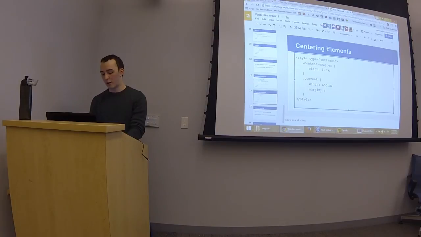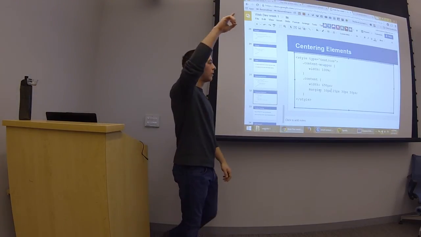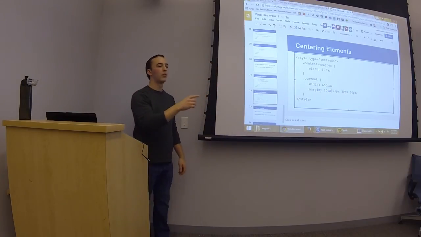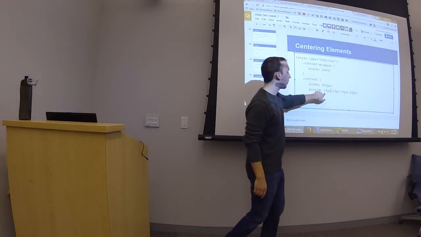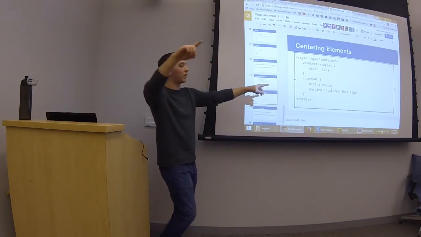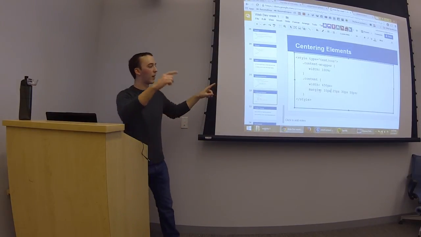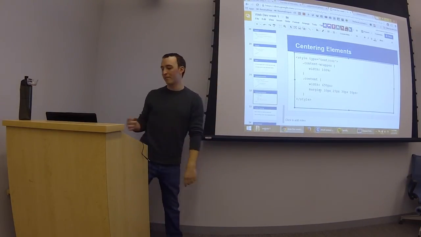You can do margin 10, 25, 30, 50. Actually you have to do pixels. What this will do is start from the top and then go clockwise. The top margin is 10 pixels, the right margin is 25 pixels, the bottom margin is 30 pixels, and the left margin is 50 pixels.